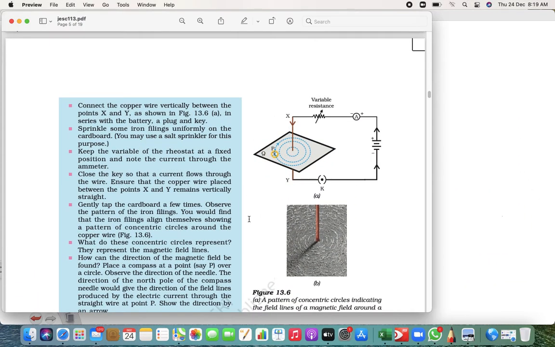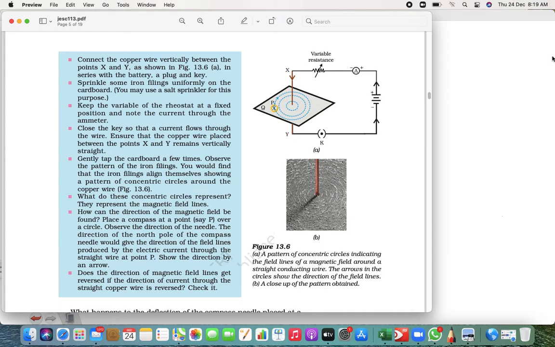Let me show you like this. Can you see in figure B or figure A? They arrange themselves in circular forms. Correct? So this proves that a magnetic field is there around a current carrying wire, and that too in concentric circles.